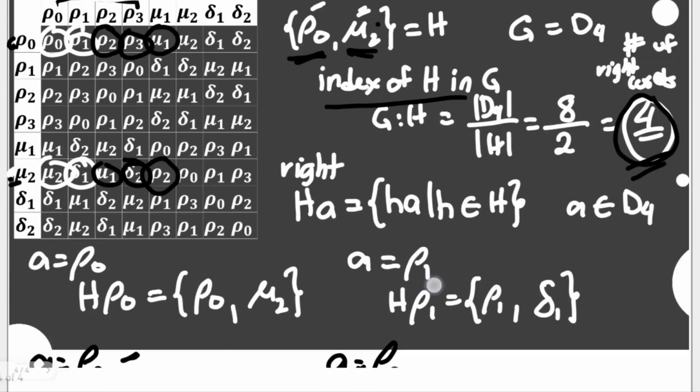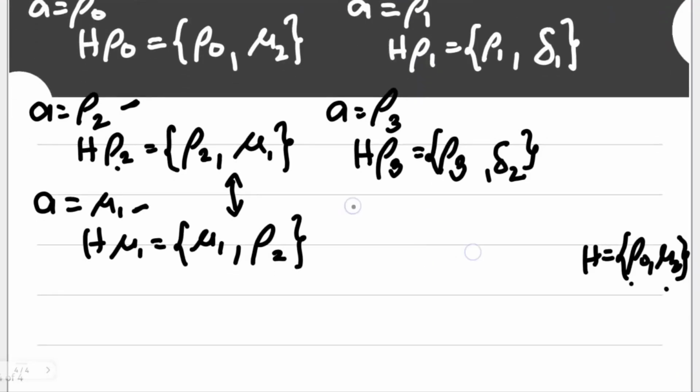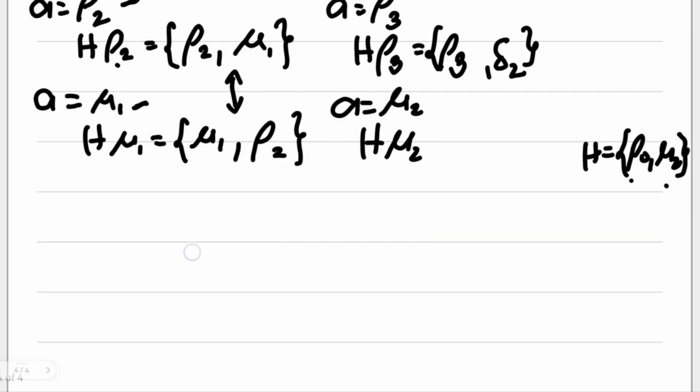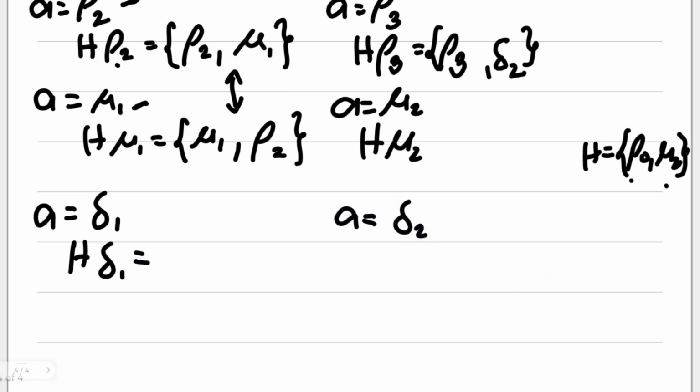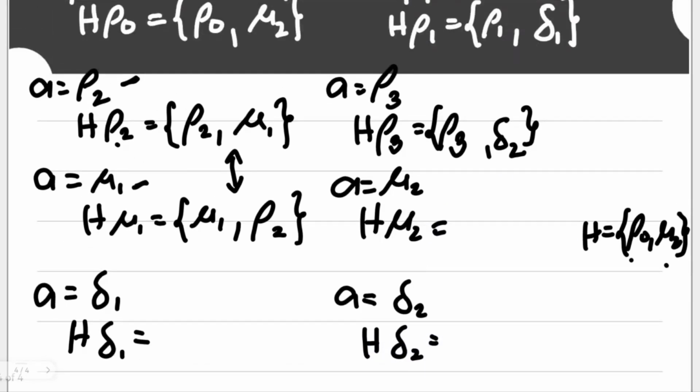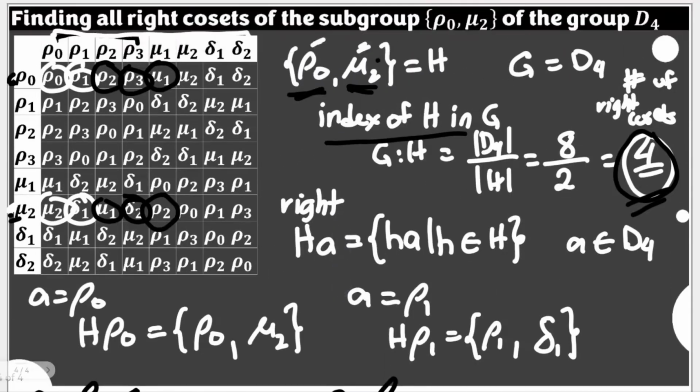Okay? Let me just continue and see what will happen if you have mu sub 2, meaning h mu sub 2 here. What if I have delta sub 1? That means it's h delta sub 1. And another here, delta sub 2. So you have here h delta sub 2. Okay, let's solve them one by one. So we have mu 2, okay, as our second.